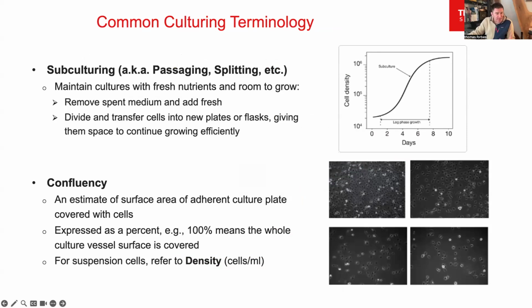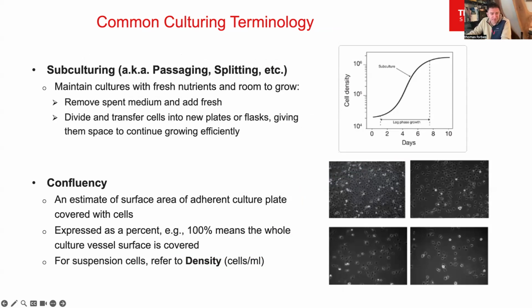We often talk about subculturing or passaging, splitting of the cells, right? As I mentioned on the last slide, this is really important. It allows us to housekeep, if you will, on a routine basis, to divide and transfer the cells into a new culture vessel, to give them enough space and all the necessary nutrients to continue to grow and thrive. Another important term is confluency, right?